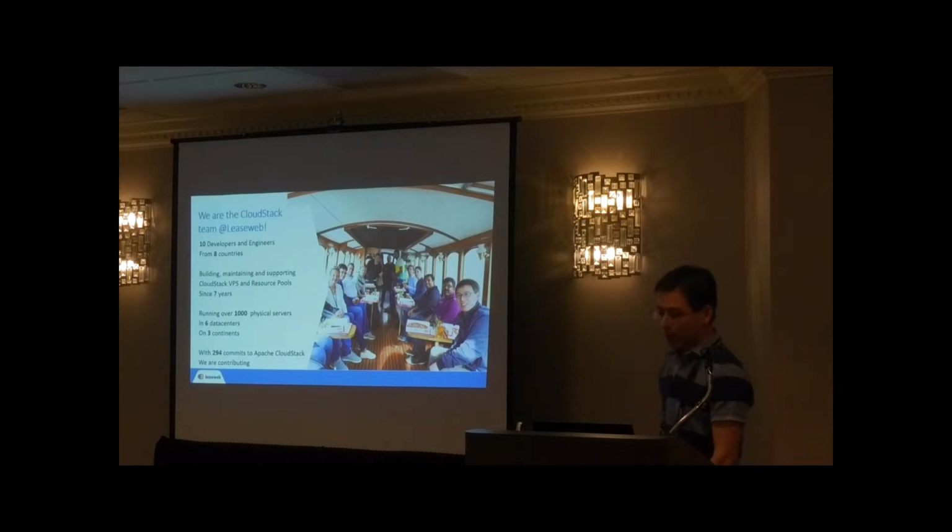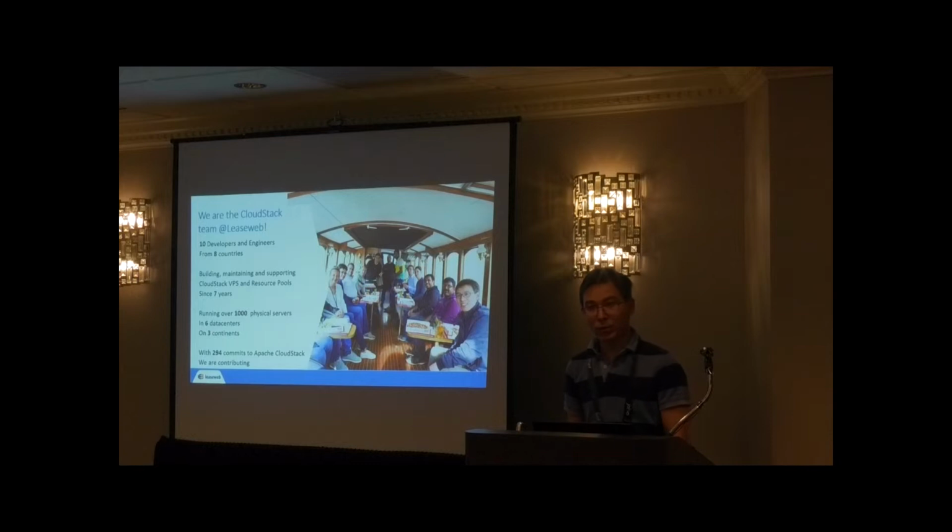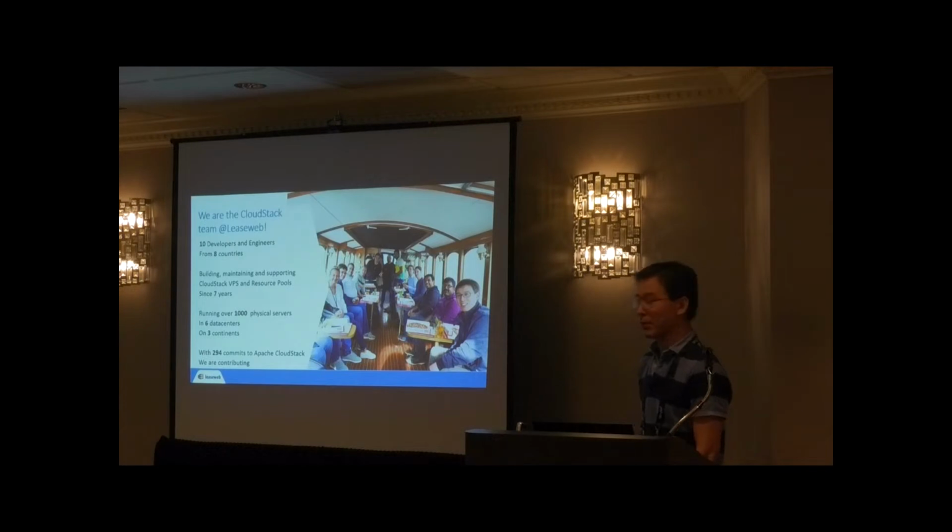We are running over 1,000 physical servers in 6 data centers in the Netherlands, Germany, UK, US, and Singapore. We have around 3,000 commits to CloudStack, and we have many customized changes. So we are porting our changes to CloudStack mainstream, and we will create more pull requests to CloudStack mainstream.